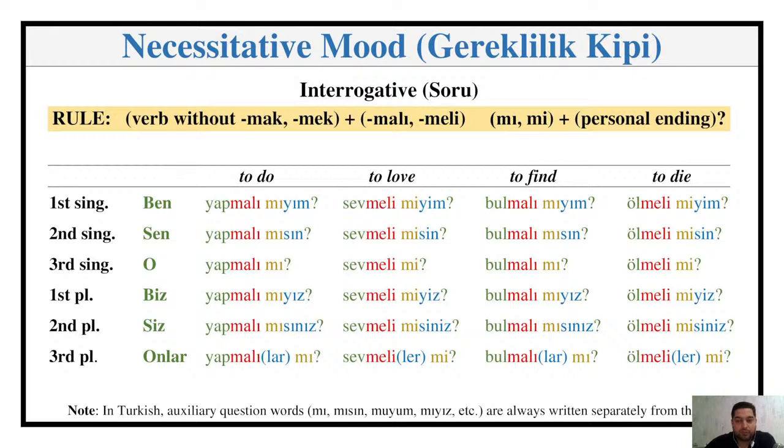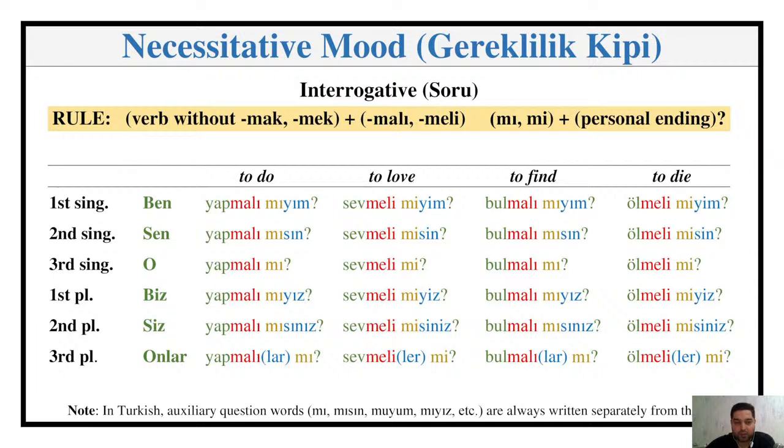Second person plural: siz yapmalı mısınız, sevmeli misiniz, bulmalı mısınız, and ölmeli misiniz? And last, third person plural: onlar yapmalılar mı, sevmeliler mi, bulmalılar mı, and ölmeliler mi?